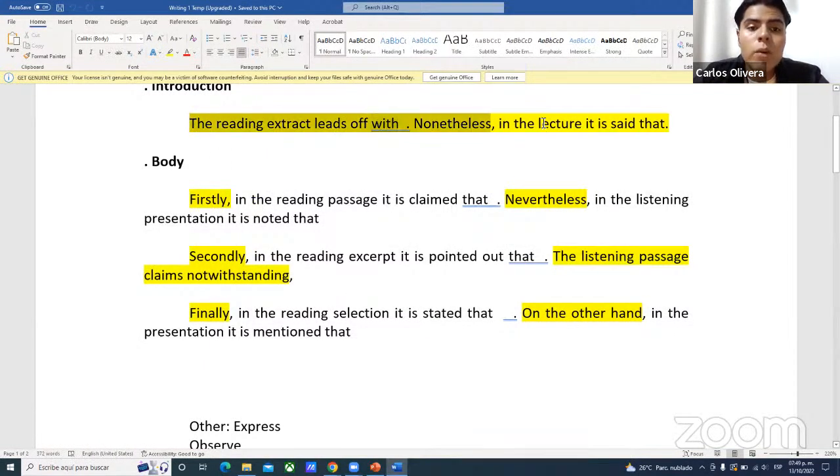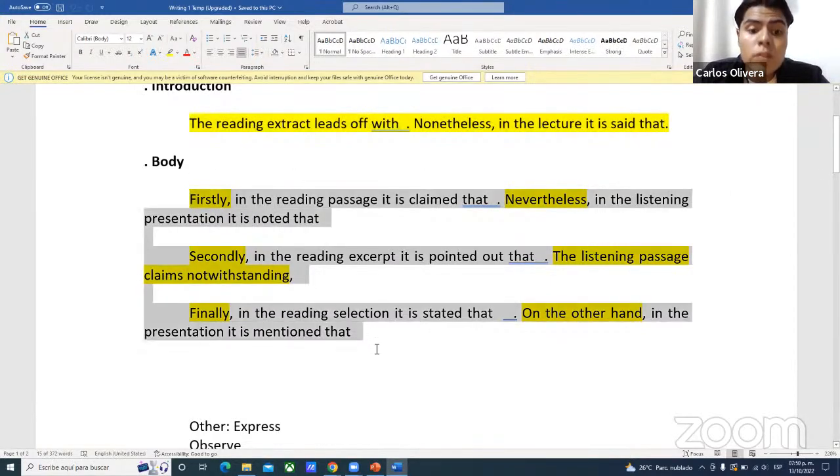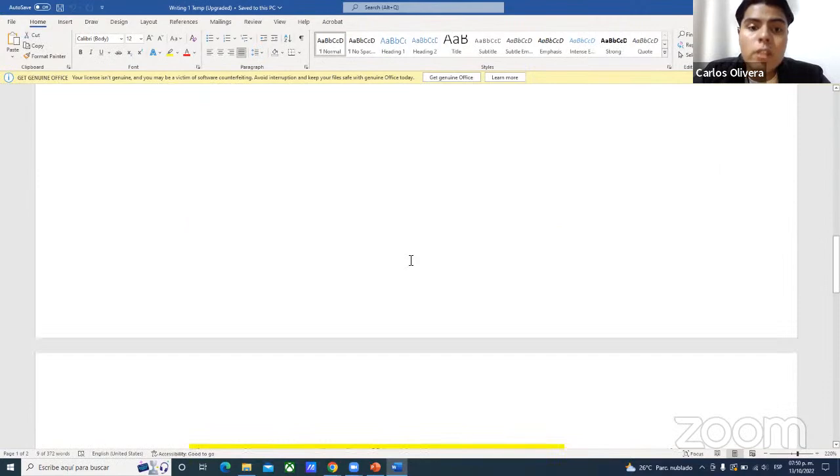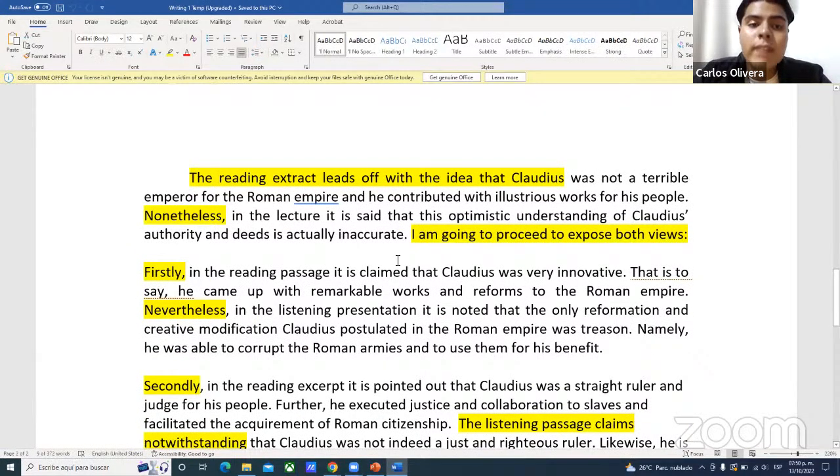If you notice here, our summaries of the reading passage and of the listening passage were tremendously concise, and they are not very specific. In our body, we are going to continue summarizing both topics and materials, but we're going to make it a little bit more detailed and specific, no more than that. Notice, firstly, in the reading passage, it is claimed that, as you can see, you're going to start summarizing the points made in the reading passage.